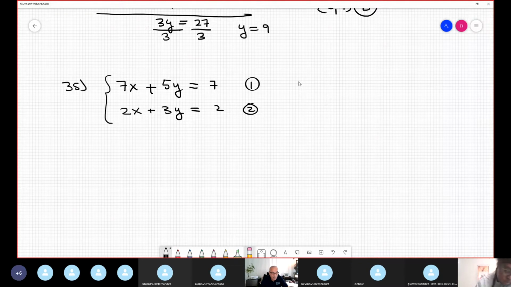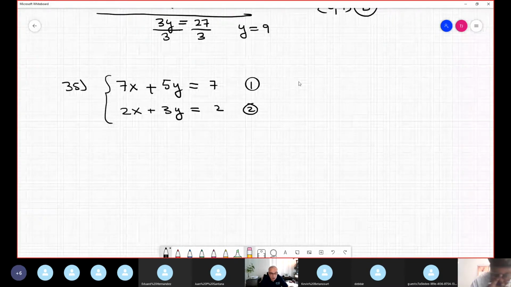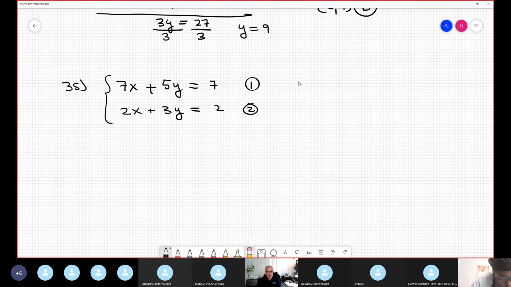But I need help, guys. What do you consider is the best way? Multiplication, which one do I multiply, what factor am I using to create the elimination? Go ahead. The top one by 3 and the bottom one by 5.